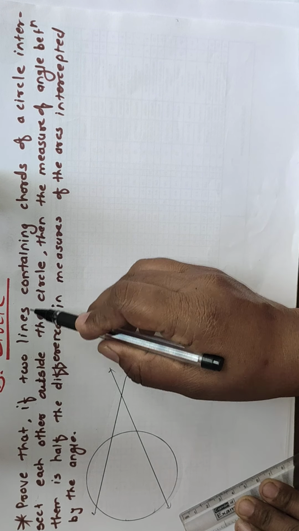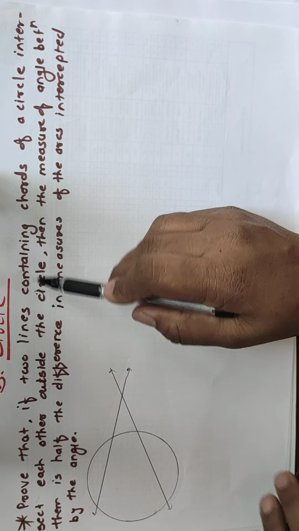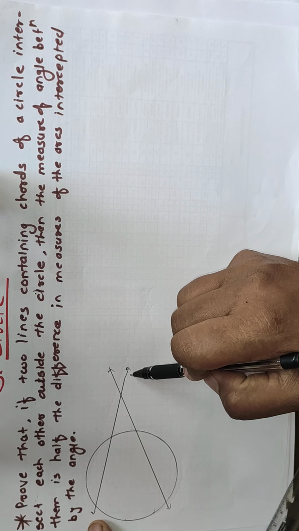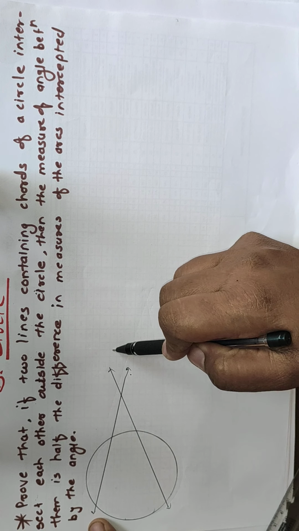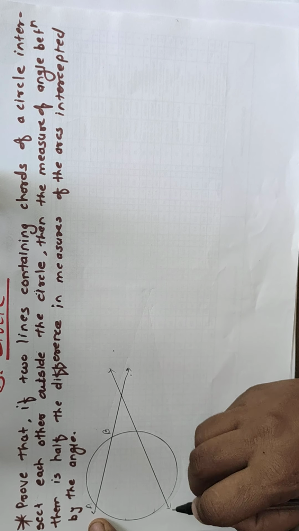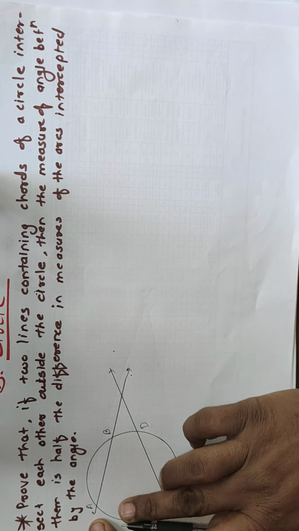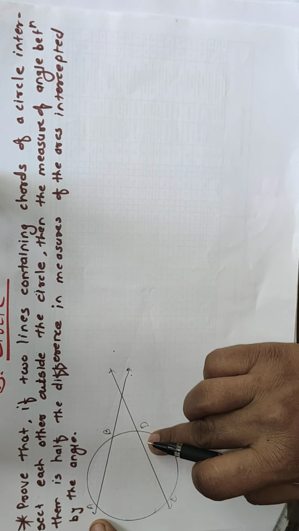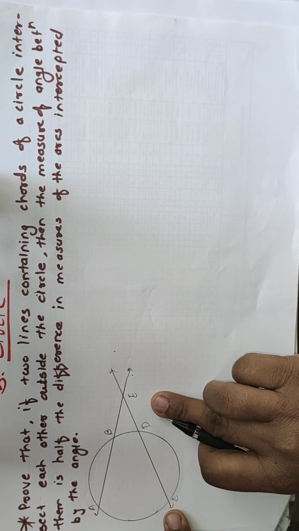Prove that if two lines containing chords, so these two are the lines. This is a line and that is also a line. The name of one line is AB and another line is CD. So line AB and line CD intersect each other at point E, we will name it E, in the exterior of the circle.